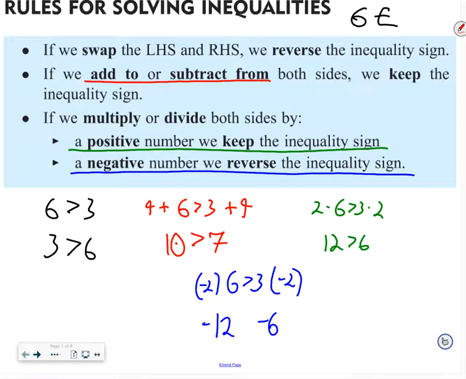To keep this statement valid, we need to say that negative 6 is larger than negative 12. So notice we had to flip our signs, or reverse them, anytime we multiply or divide by a negative number. Okay, so let's look at some examples here.